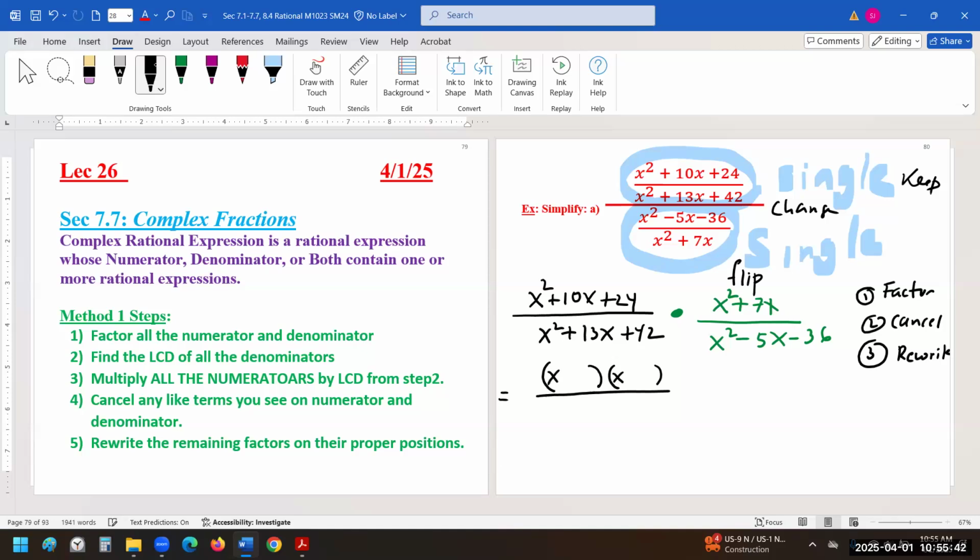Can you think of 2 numbers multiplied to 24 combined to 10? Positive 6, positive 4. At the denominator, multiply to 42 combined to 13. 7 and 6. How about the sign? Both of them positive.